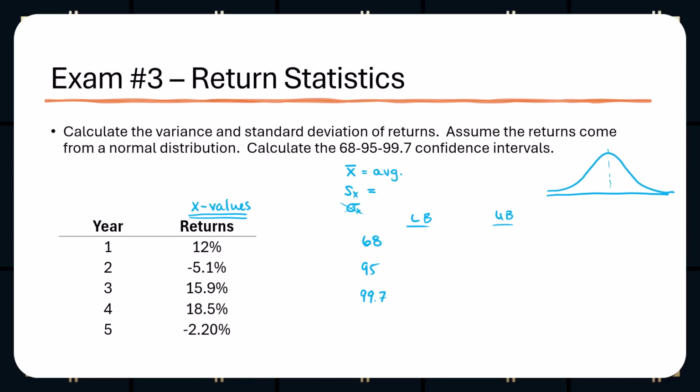So we know that the 68% confidence interval is plus and minus 1 standard deviation. The 95% confidence interval is plus or minus 2 times the standard deviation. And last but not least, the 99.7 is 3 times the standard deviation. And that's how we'll go ahead and calculate this information.